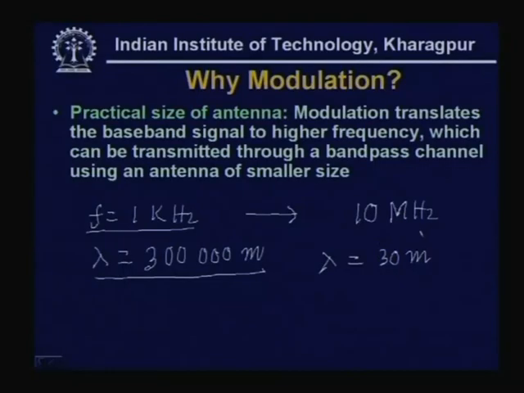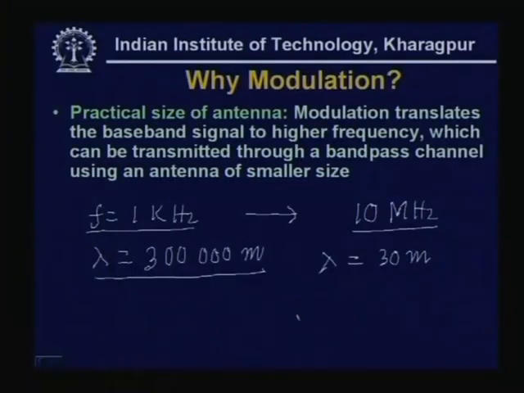So, after translating this to a higher frequency, you can have an antenna of smaller size, and this modulated signal can be transmitted very easily using a smaller size antenna. And of course, at the other end, after receiving it, you have to do demodulation, which we shall discuss later. So, this is the first benefit of modulation. You will be able to have an antenna of practical size.